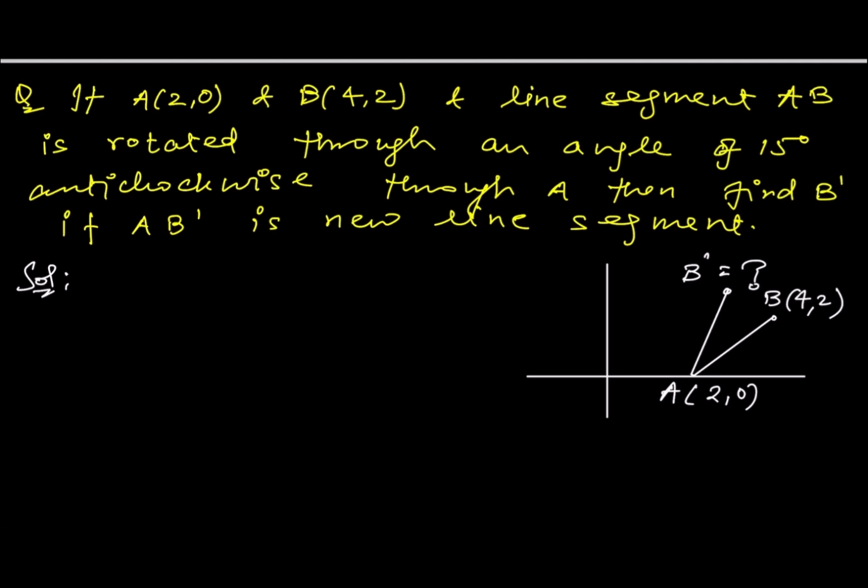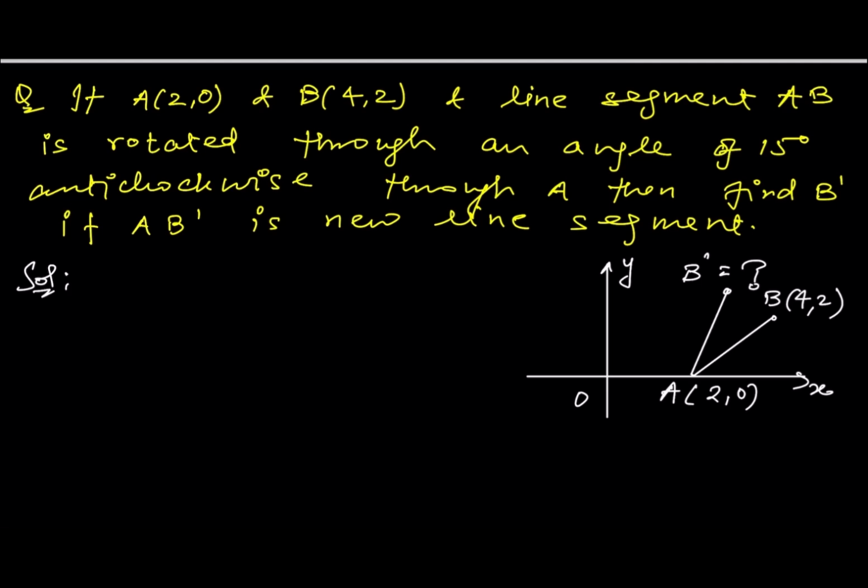The information was the same as in this question, but there we had to find the equation of AB dash, and you easily solved that one. But in this particular question, you have to find B dash. So in this question I have to use parametric form to answer.